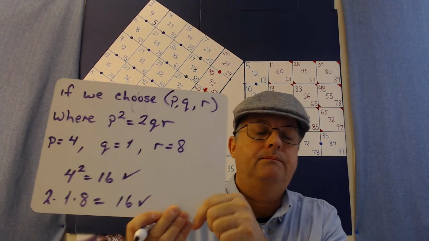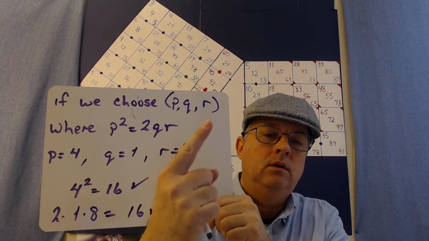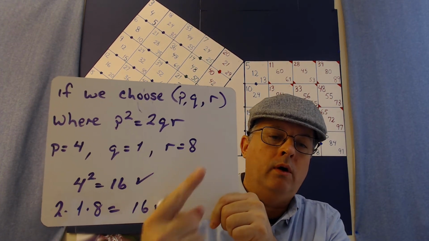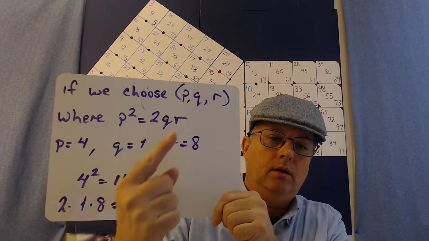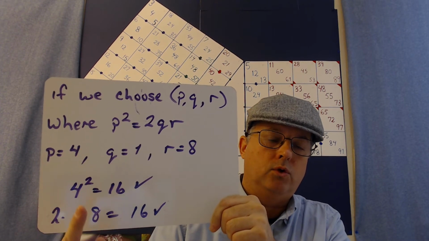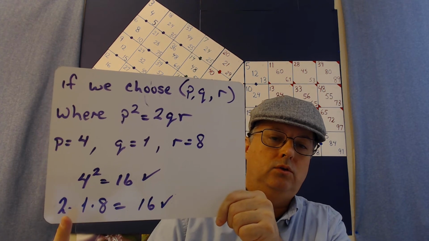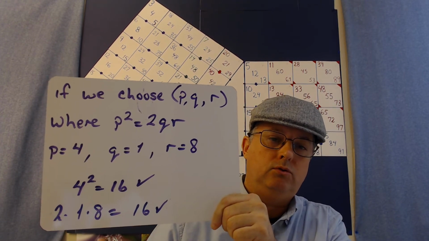So if we take 4 squared, that's 16, and if we do 2 times q, which is 1, times r, which is 8, that gives us 16 as well. So we have chosen a p and a q and an r that fits the condition that p squared, that's 4 squared, is equal to 2 times q times r, so that's true.